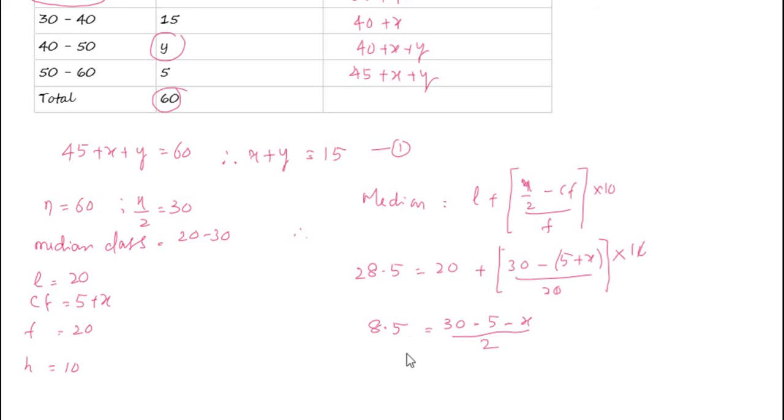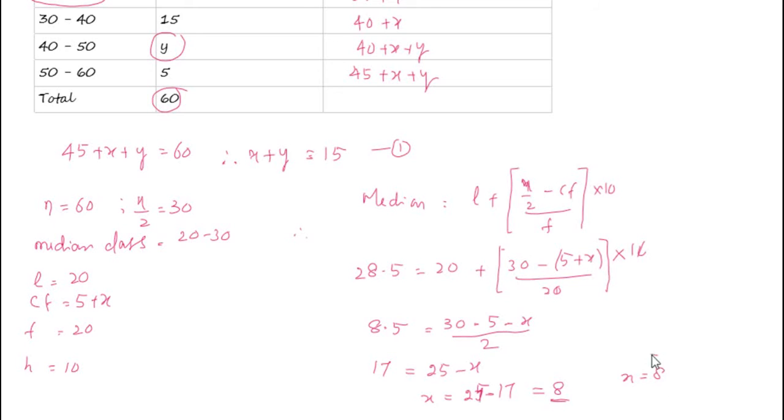So it becomes 17 equal to 25 minus x. X I will take to the left side. So x equal to 25 minus 17, that is equal to 8.